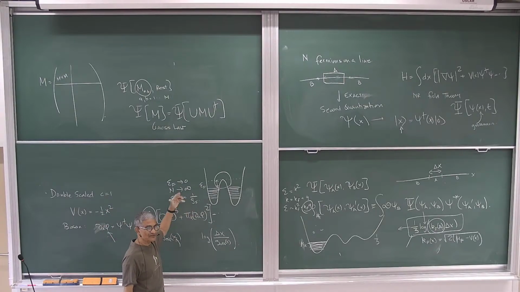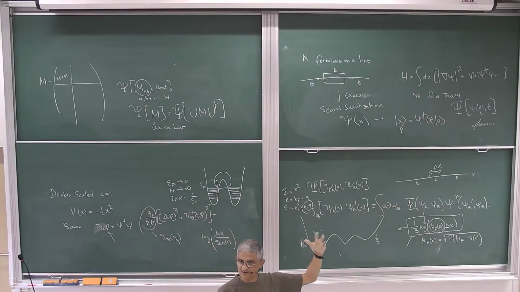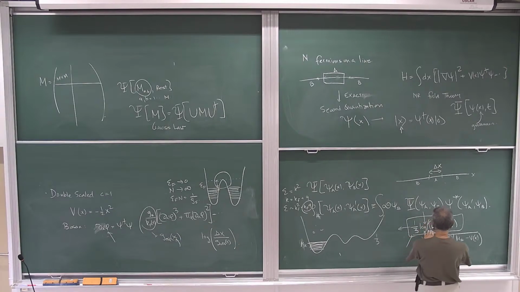So it survives in this double scaling limit, even in the limit of large number of fermions. And that is the quantity that appears in this formula.